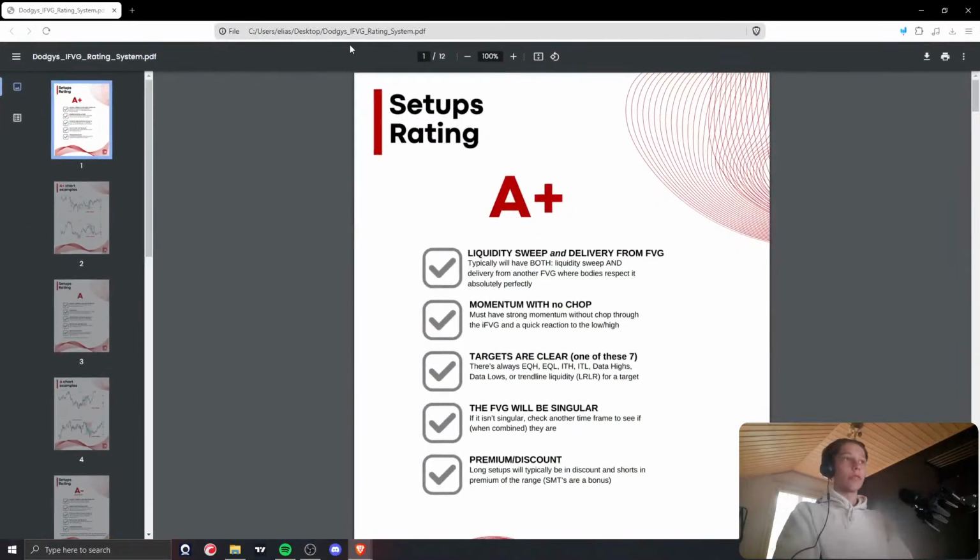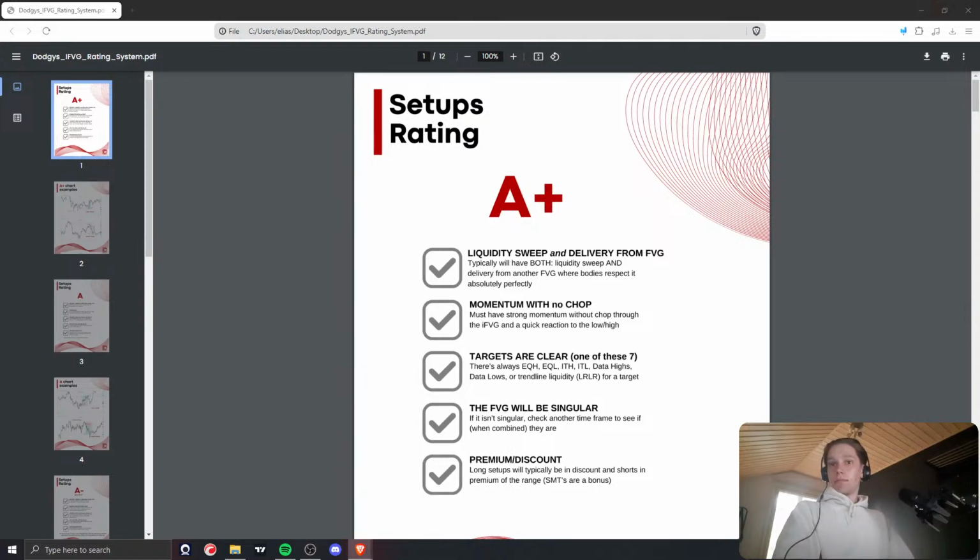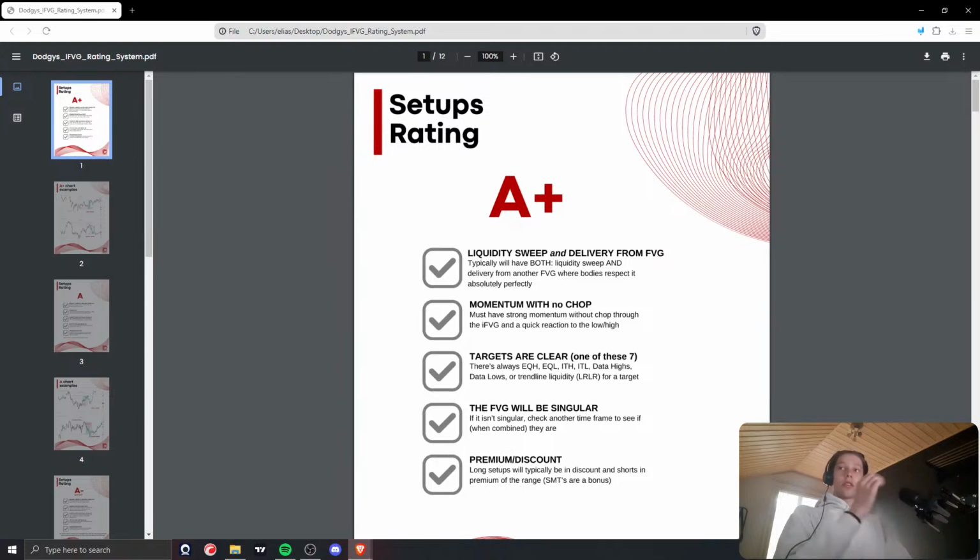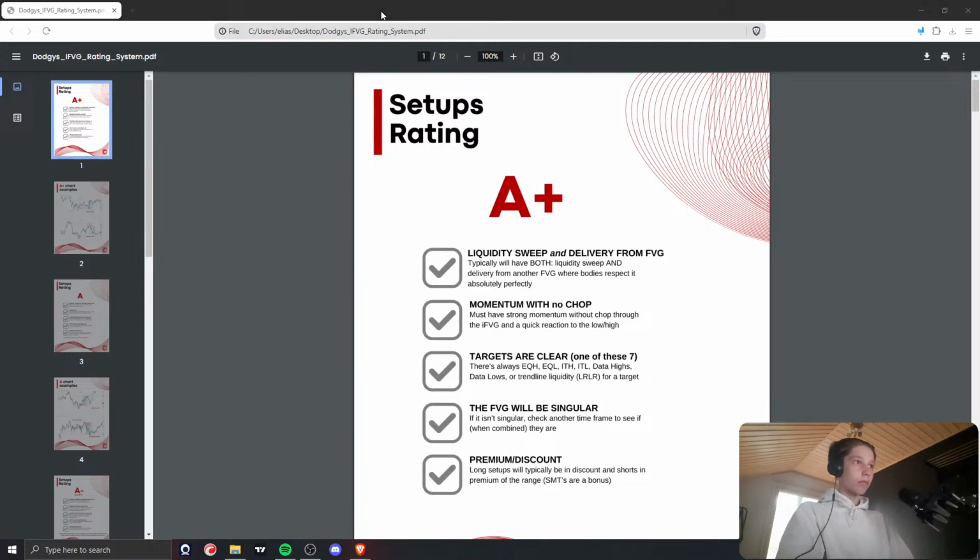So there you go. So these are the iFVG rating model guide.